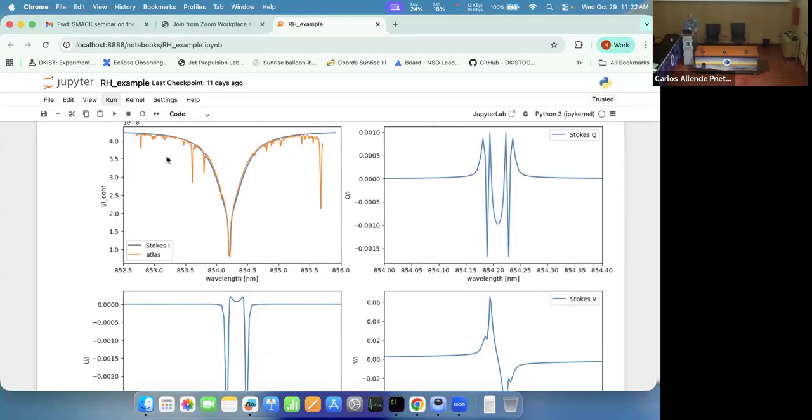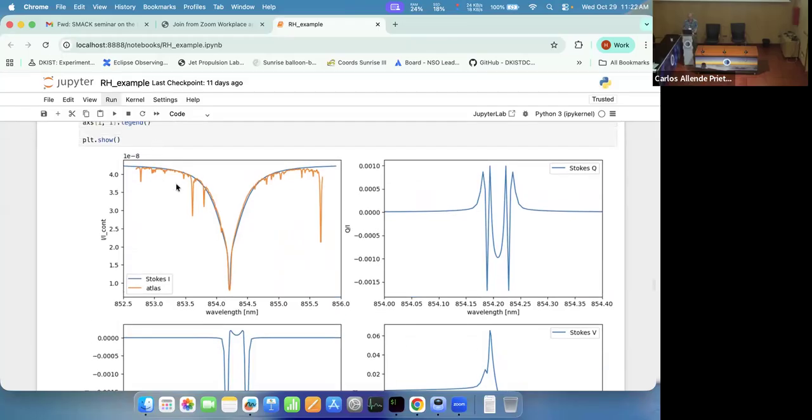Here is the 8542 compared to the atlas. You see, it's almost perfect, which is scary once you realize all the calculations that go into making that happen. It's pretty amazing. It's one of my most satisfying plots, I should say.